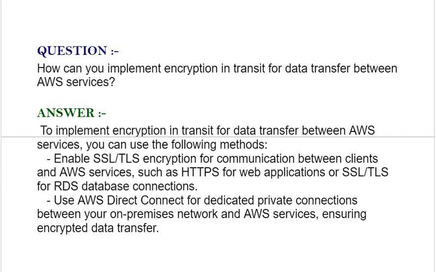Enable SSL/TLS encryption for communication between clients and AWS services, such as HTTPS for web applications or SSL/TLS for RDS database connections. Use AWS Direct Connect for dedicated private connections between your on-premises network and AWS services, ensuring encrypted data transfer.